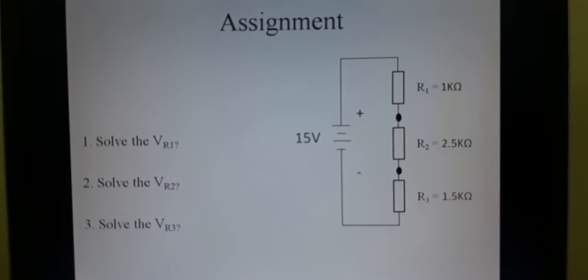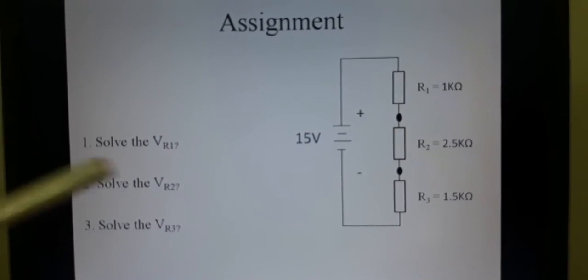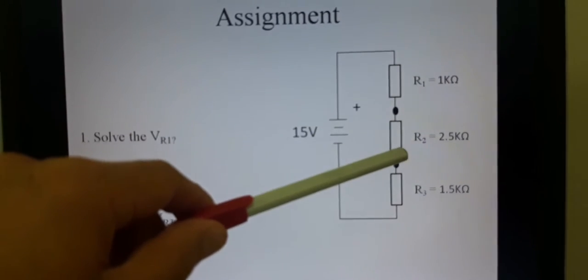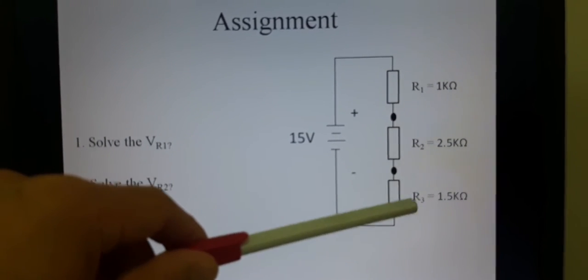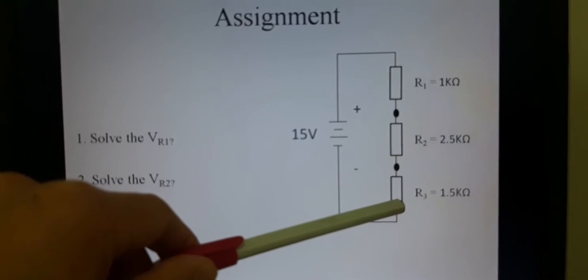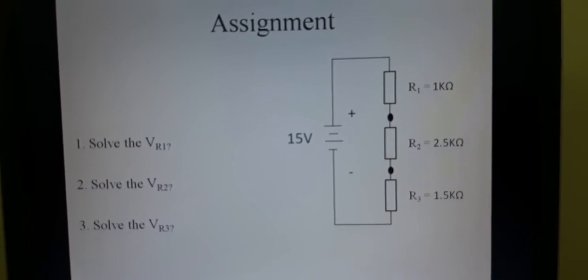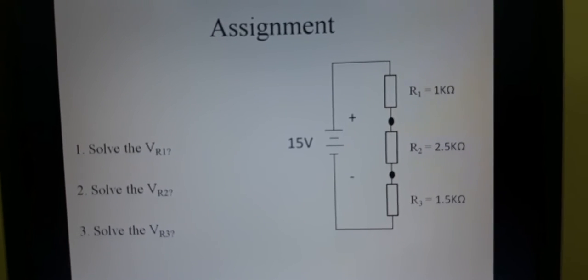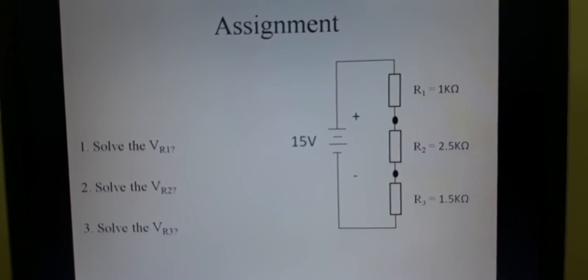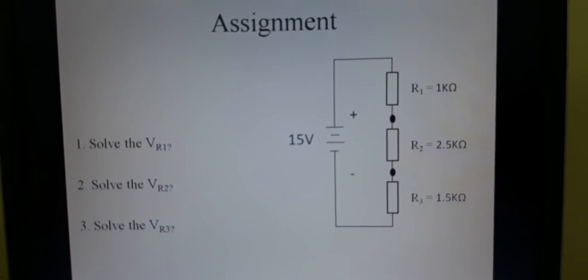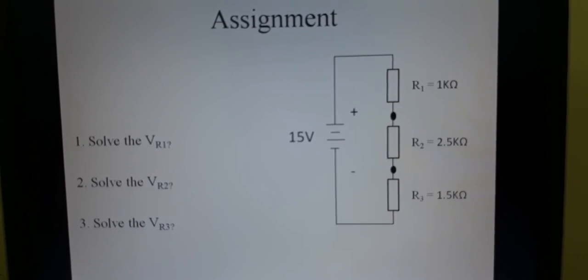The given voltage is 15 volts, R1 is 1K, R2 is 2.5K, and R3 is 1.5K. This assignment will be submitted to me in our WhatsApp group, and this will serve as your activity and your attendance by the next week.